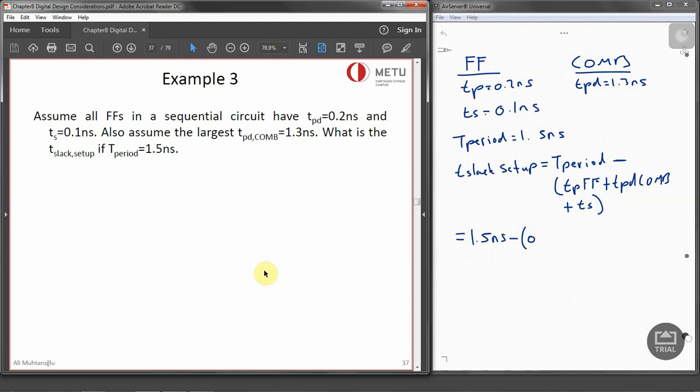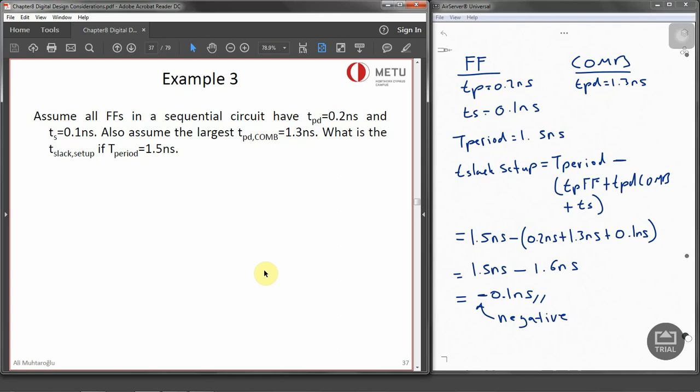That is equivalent to 1.5 nanosecond minus 1.6 nanosecond, and that is equivalent to minus 0.1 nanosecond. So we have got a negative slack here. Negative slack means the circuit is not going to work because the frequency is quite fast, and we have to slow down the clock period.